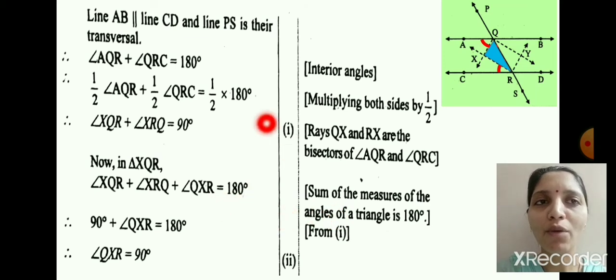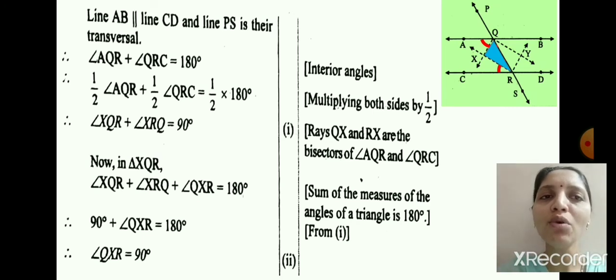Also from equation 1, what can we write? XQR plus XRQ is 90 degrees. So we will substitute here 90 degrees plus angle QXR is equal to 180 degrees. Therefore, angle QXR is equal to 90 degrees. Write this equation as equation 2.